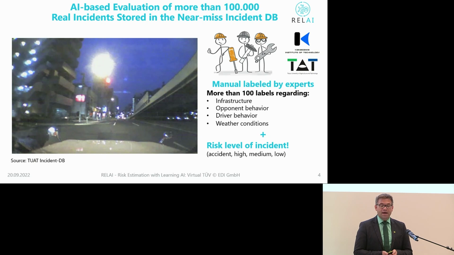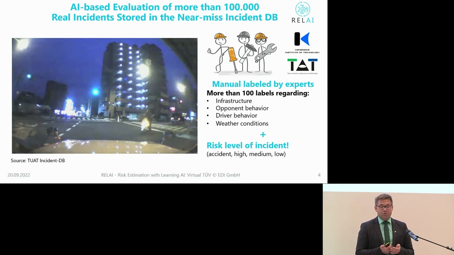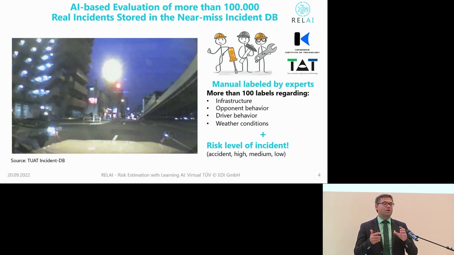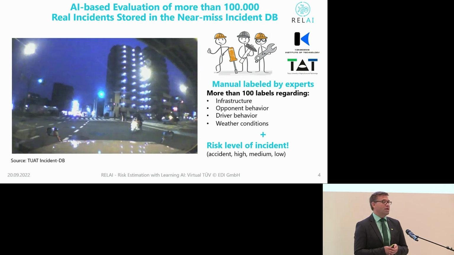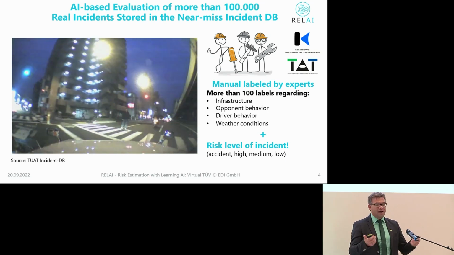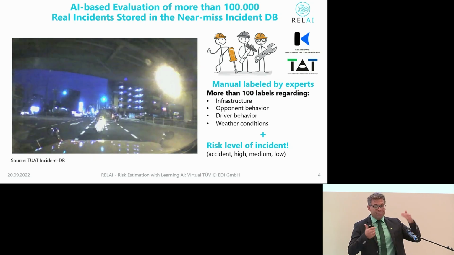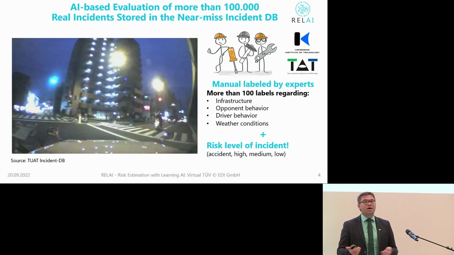But we also analyze not only this kind of video. We have the advantage that there were traffic experts from Japan who manually labeled all of these incidents with more than 100 labels. And you can expect that the Japanese people were really accurate. So we have a really long list where we have information about the infrastructure.